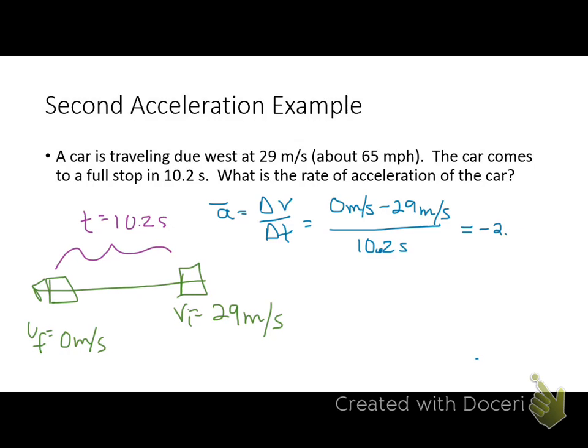Negative 2.8. And again, units are meters per second per second, so negative 2.8 meters per second squared. That's the acceleration. Any questions about that?